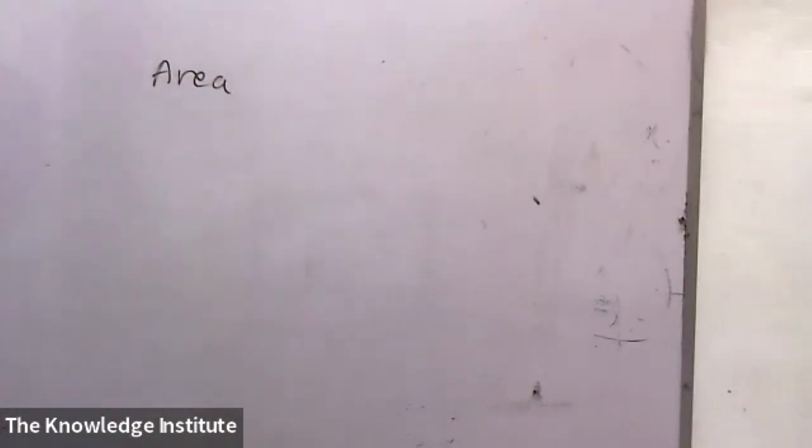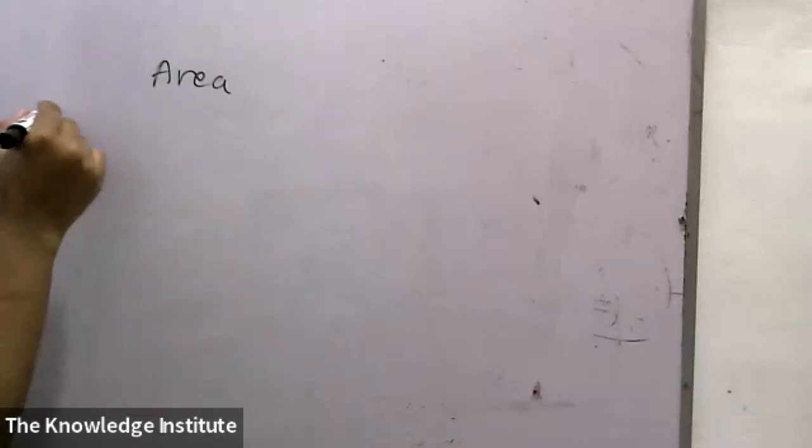What do you know about area? Are you going to add the edges in that? Yes or no? Area means the amount of space it occupies, we call it area. Okay, we don't just add the edges, we multiply the edges. Let's see how. Let's start from the basic shapes.